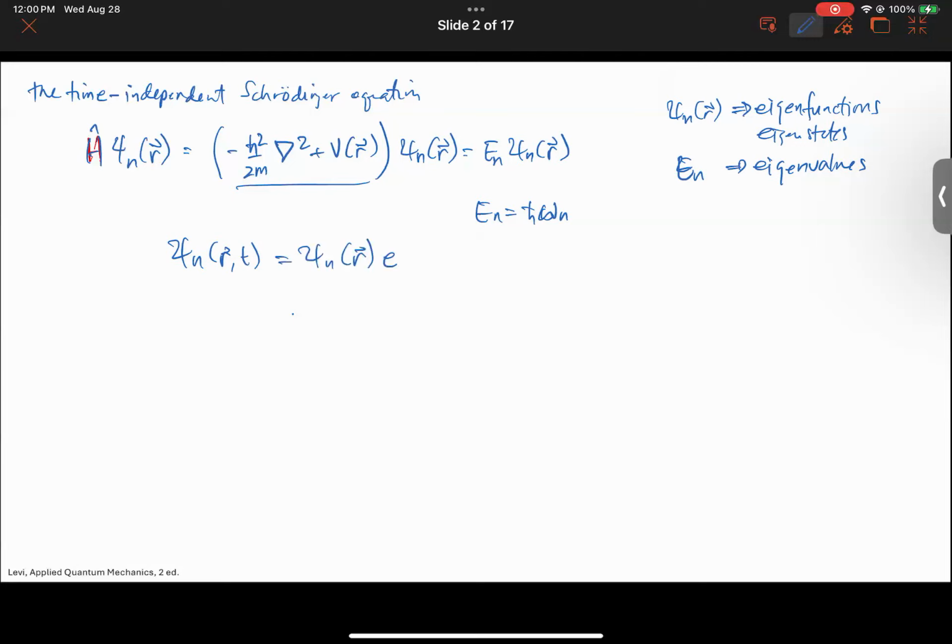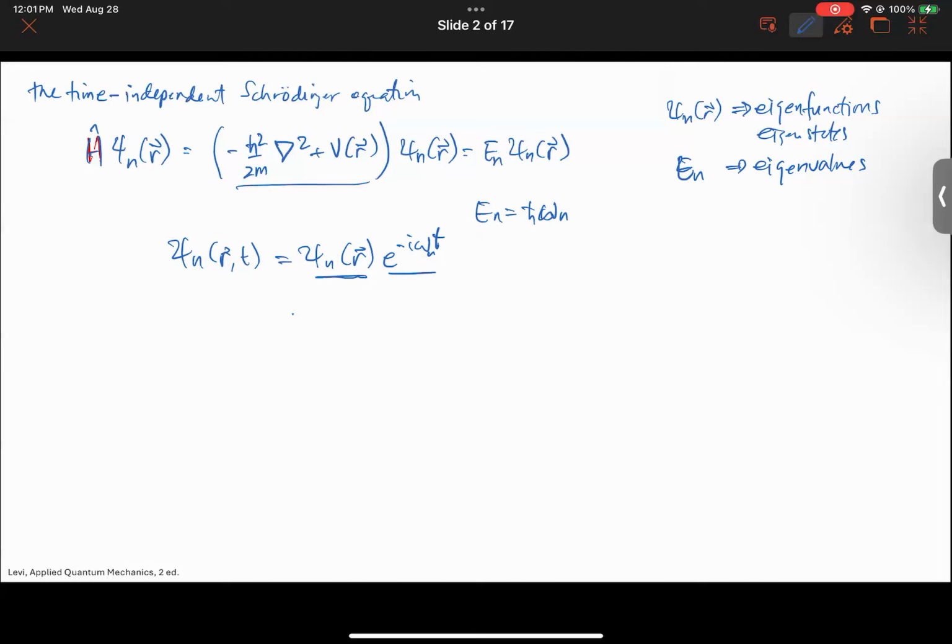So the eigenstate psi sub n of r and t is just a product of two terms: psi sub n of r, the time-independent wave function, and the time-dependent component of the wave function.